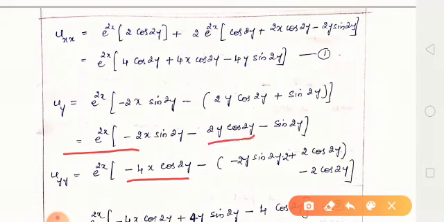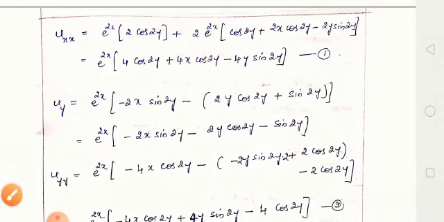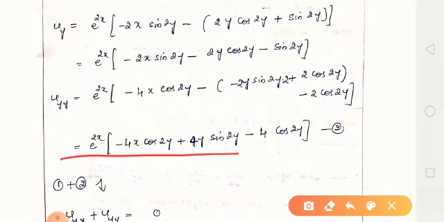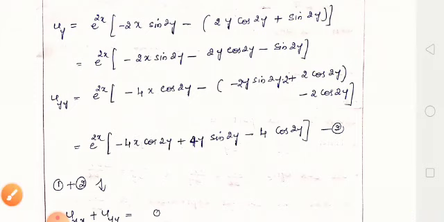So we have to apply the product rule to differentiate. So, minus 2y into sin 2y into 2, plus 2 into cos 2y. Derivative of sin 2y is 2 cos 2y. Simplify this. We get u yy equals e power 2x into (minus 4x cos 2y plus 4y sin 2y minus 4 cos 2y). Take this as equation 2.